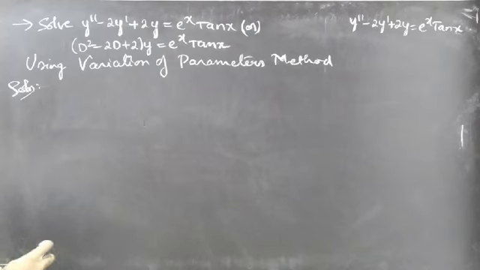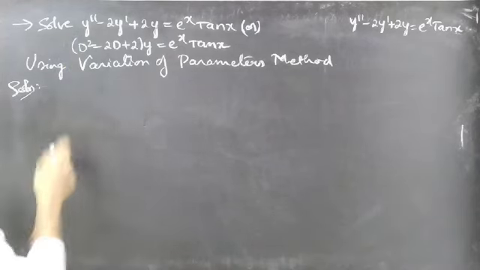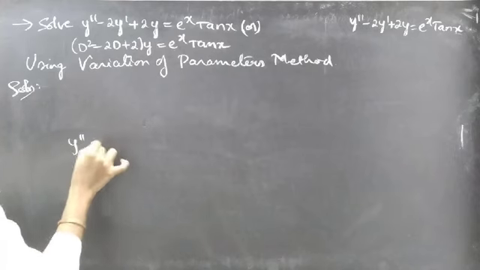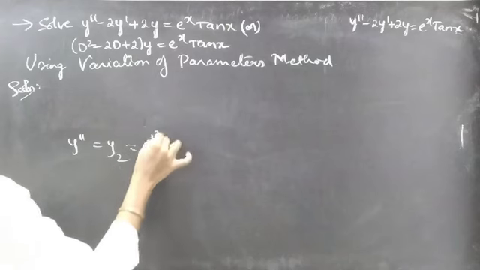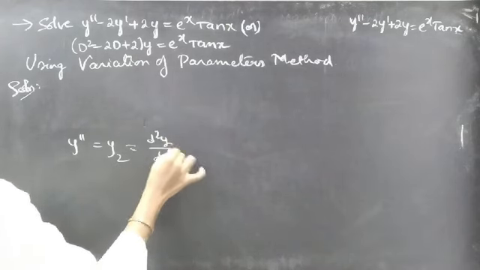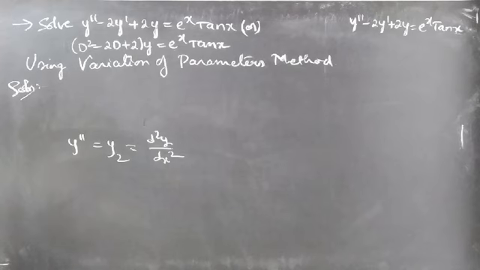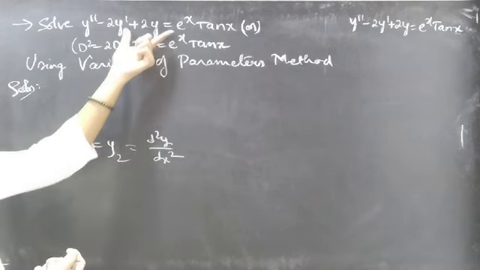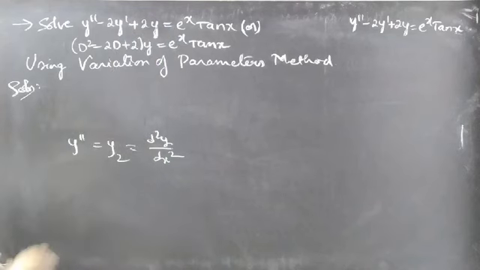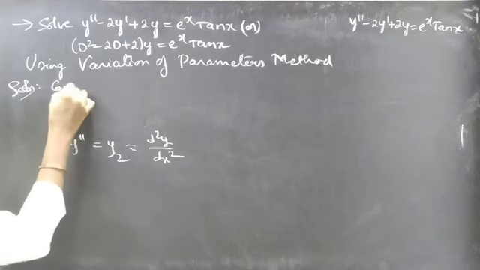So we are given a differential equation of order 2. Here, y double dash is nothing but d square y by dx square, that is, the double derivative of y with respect to x. And this is an equation in operator form of the first equation. Both are the same.